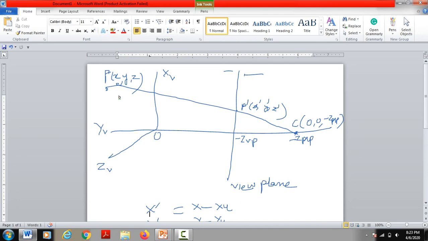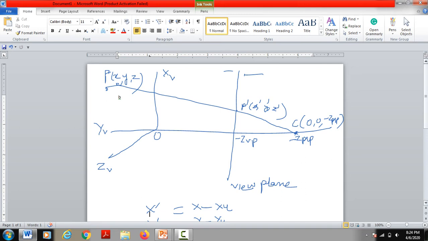When u is 0, the object is at its same location. When u is equal to 1, it is the projection reference point. So our view plane is set somewhere between the exact location of the object and the projection reference point, and the value of u lies between 0 and 1.